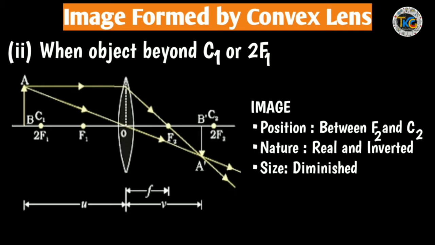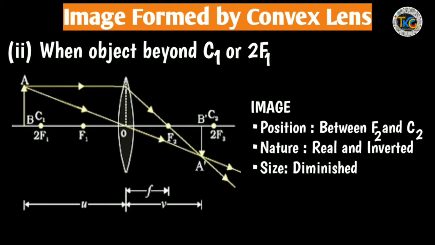These two rays meet at point a dash. So here a dash b dash is the image for the object AB, and this image is formed between f2 and 2f2.